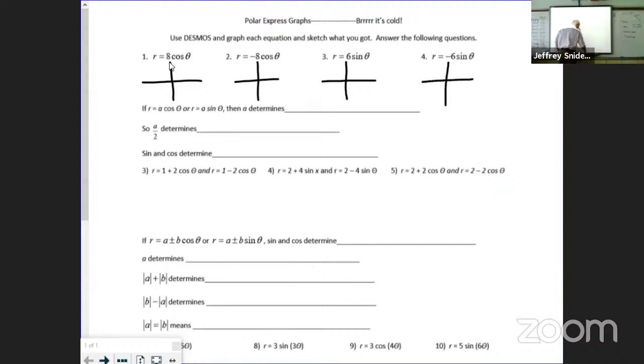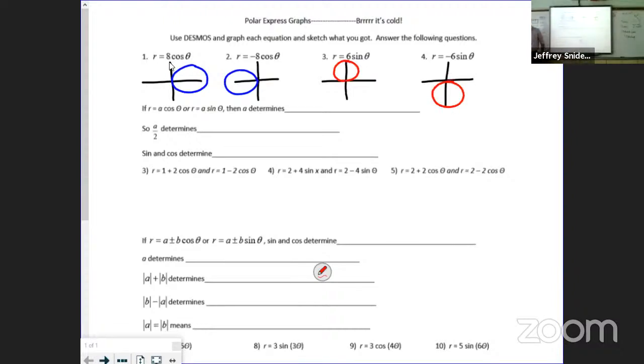So what do we know? We should have seen this was a circle on the right-hand side like this. This was a circle on the left-hand side. This is a circle on the top, and this is a circle on the bottom.